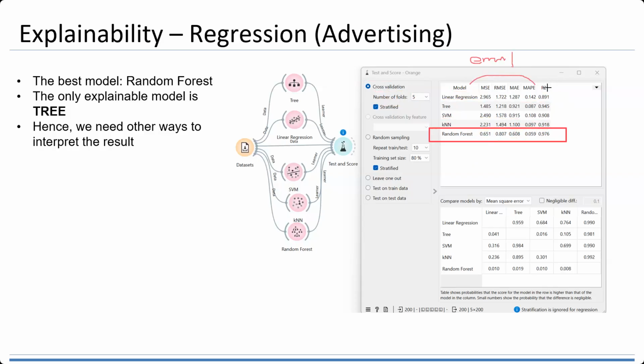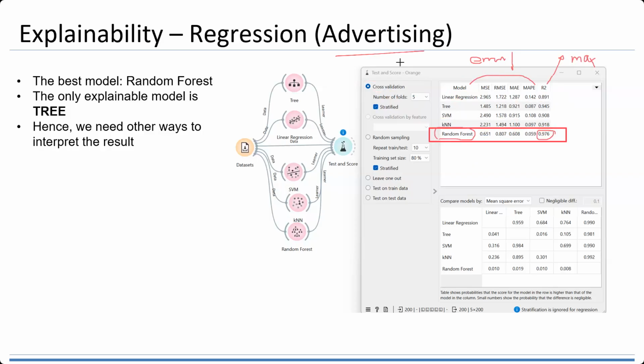But for the R square, we want to get the maximum. The highest value will be the better. So here is the highest score. Then we will say that random forest is the best model for this data set.